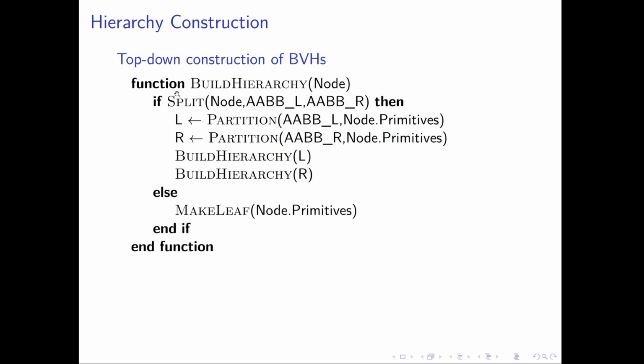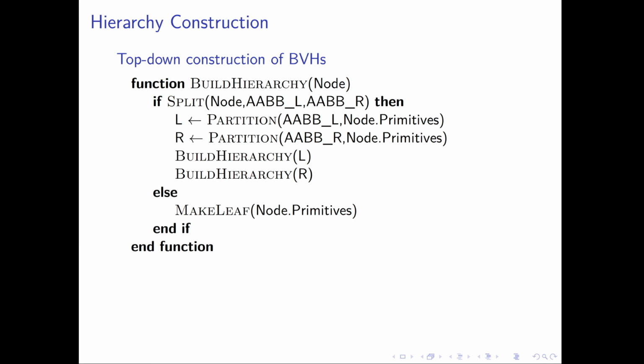If we decide that we do split, the split function will tell us, given the current node and the primitives that are in the node, what the AABB to the left and what the AABB to the right will be. Usually we have to make a decision along which axis we split.